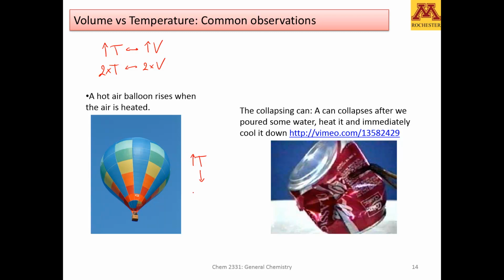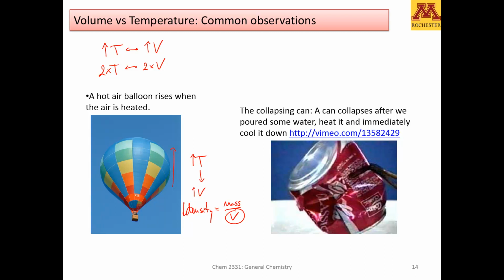Therefore, you're increasing the volume of that air. Therefore, the density of the air, being density mass over volume, is decreasing. And because the density of the air is decreasing, this will make the hot air balloon go up.